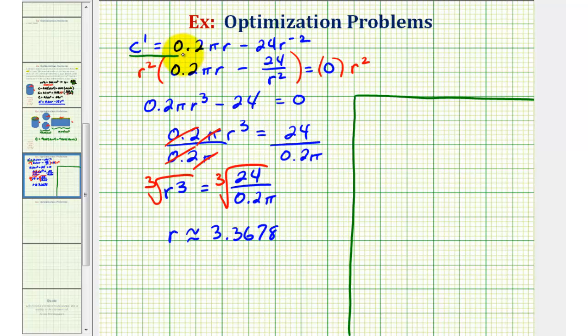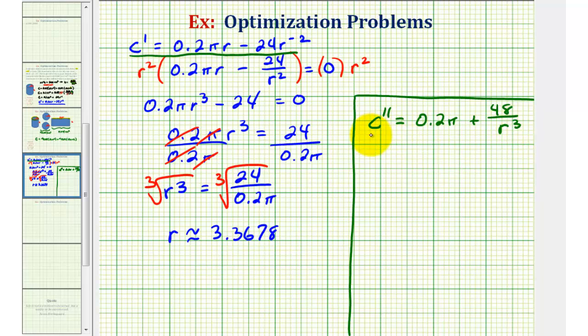So if here's the first derivative, then we can find the second derivative. Applying the power rule here, we would just have 0.2 pi. Then we multiply by negative 2, so that's going to be plus 48 times r to the power of negative 3, which is the same as dividing by r to the third.